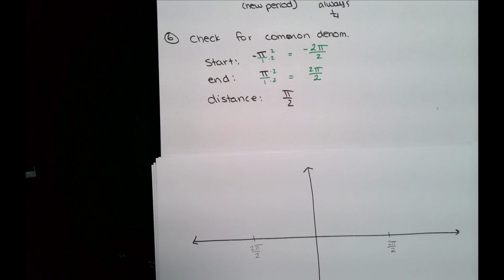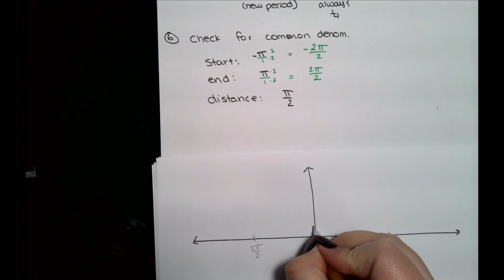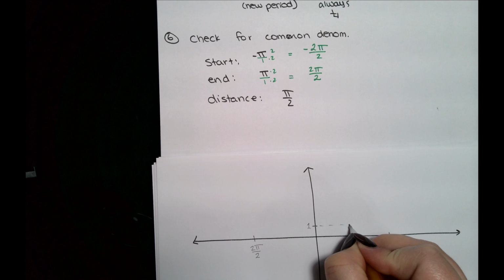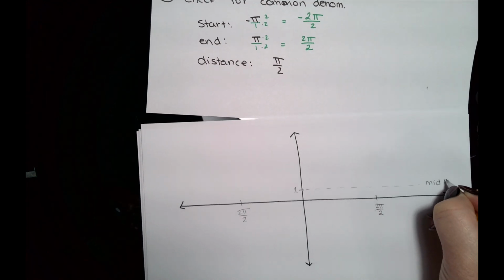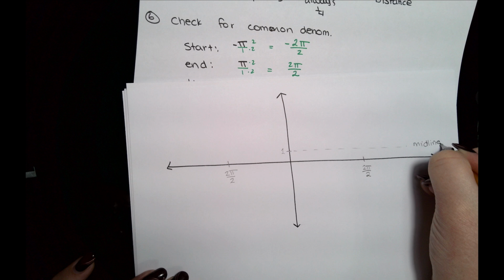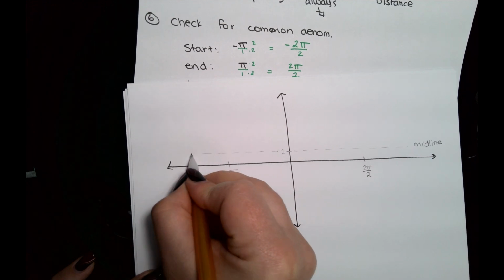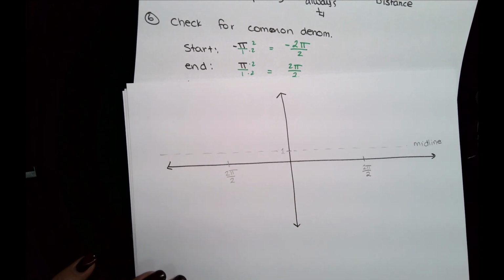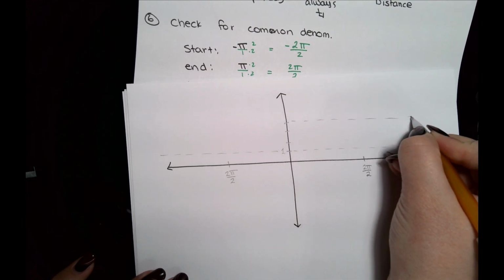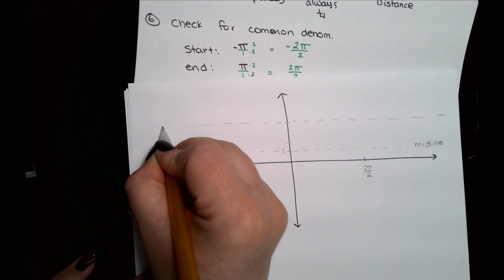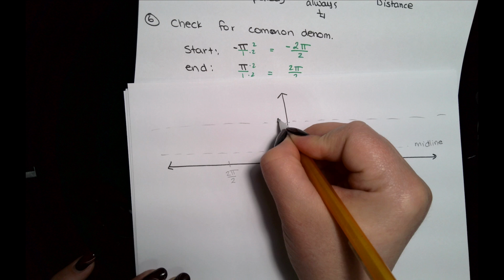Let's go back to step number 2. Our midline is at 1. Extend that out. Our amplitude was at 3. So 1, 2, 3 jumps. We have our maximum value at 4.